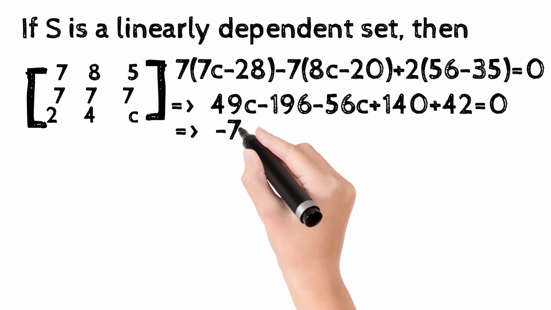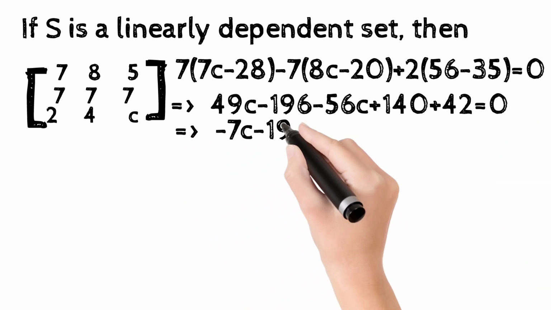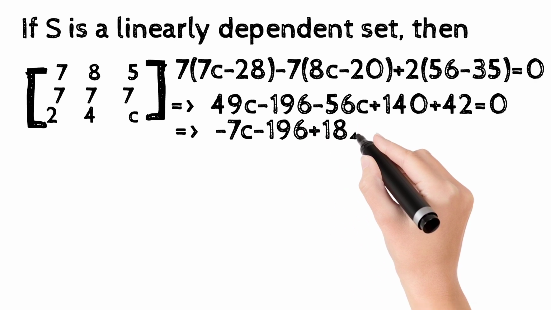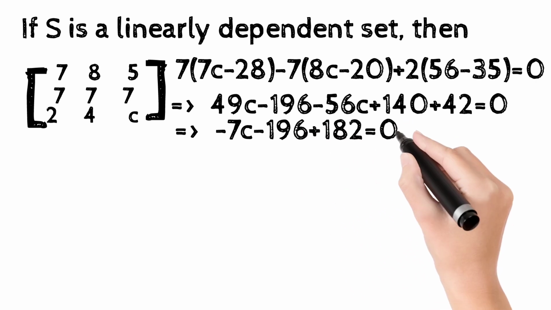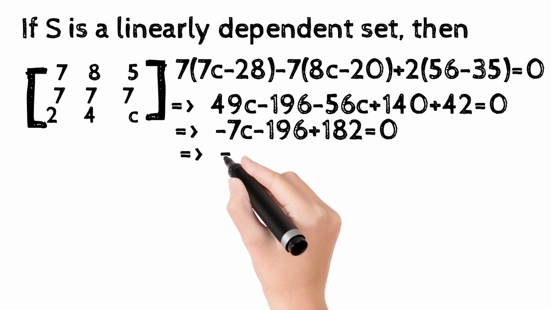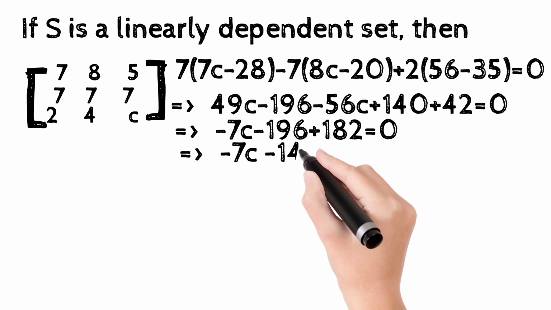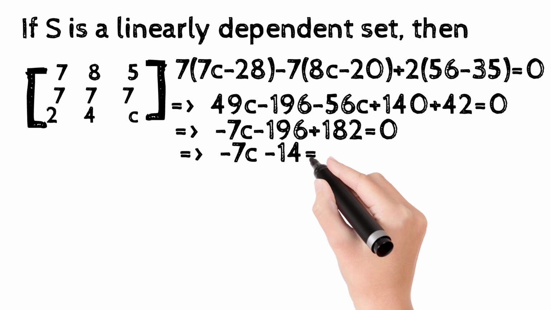Then we have -7c - 196 + 182 = 0. Then -7c - 14 = 0. So by changing the sign, we have 7c + 14 = 0.